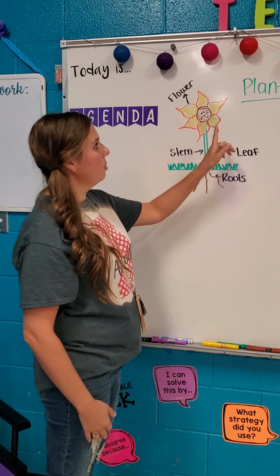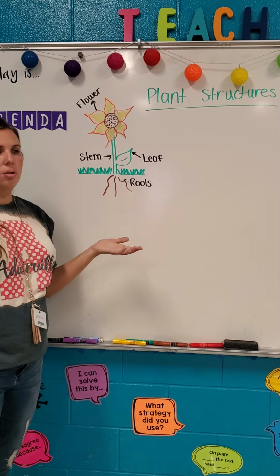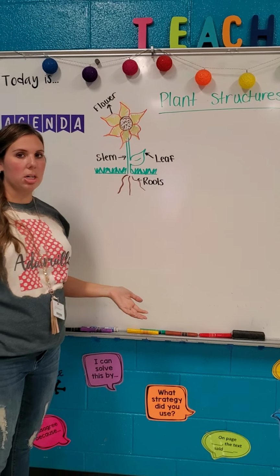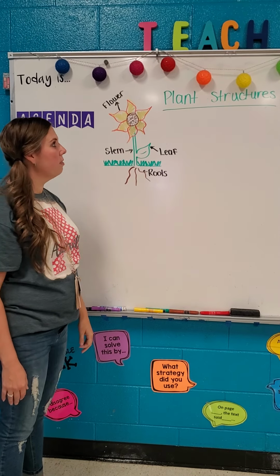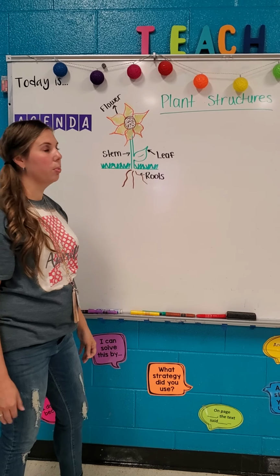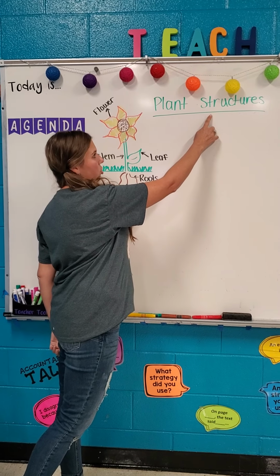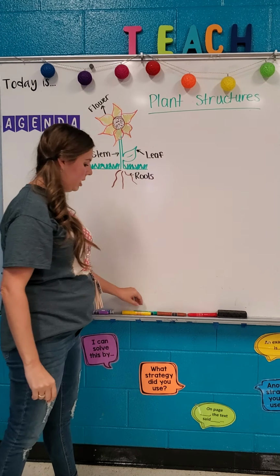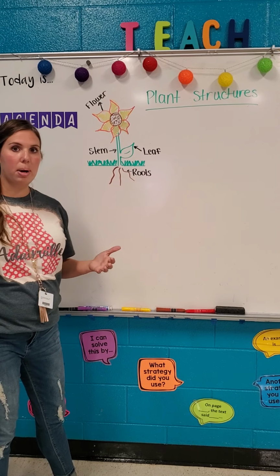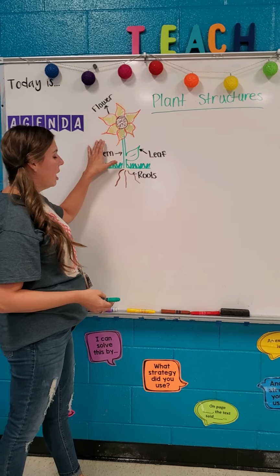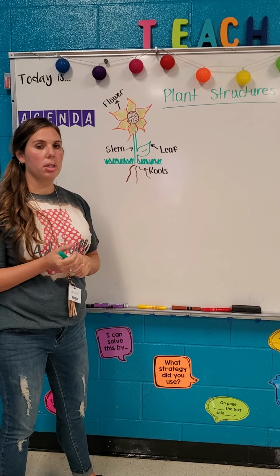Okay, today we're going to talk about plant structures. And you might be thinking, well, yesterday we talked about plant parts. Well, they're the same thing. So in 4th grade, we're going to be trying to bump up our vocabulary. And this word structures, all that means is a part. You have body structures, plants have structures, even buildings have structures, or your Chromebook has structures.